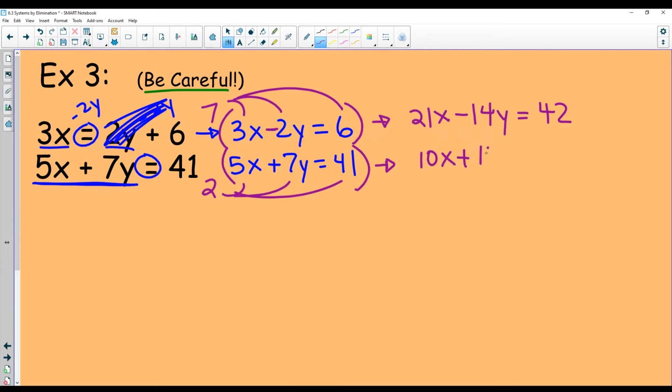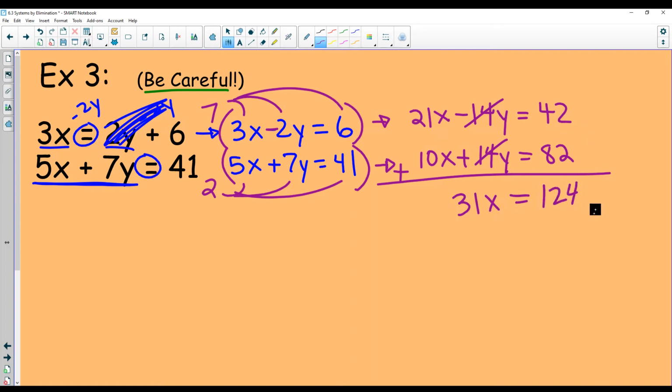10x plus 14y equals 92. Now, if we add them together, the 14s are gone. The y's are gone. So we have a 31x equals 124.